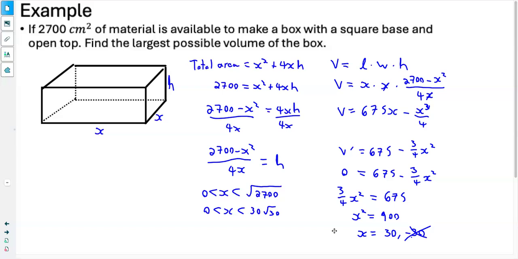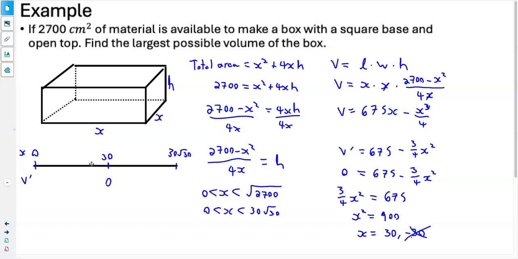Okay, so now I will draw out our line graph. So we know the starting point of our domain is 0. The ending point is 30 root 30. And we have x value of 30 in the middle. Now we know v prime was 0 at 30.